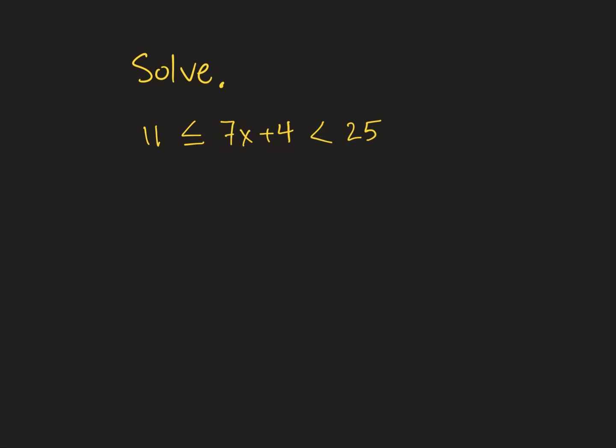So our cardinal rule of algebra has been you can always do whatever you want to one side of the equation so long as you do the same exact thing to the other side. Problem here is we don't just have two sides. We've got the left side where the 11 is. We've got the middle where the 7x plus 4 is. And we've got the right side where the 25 is.